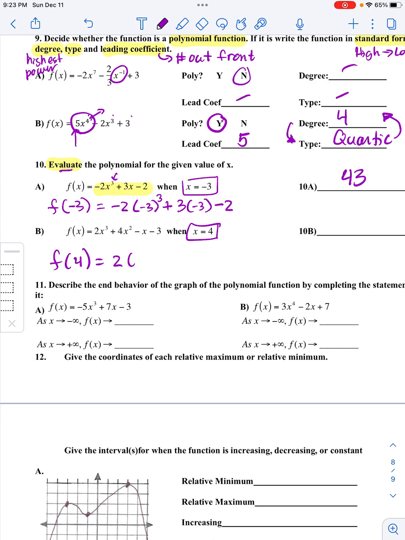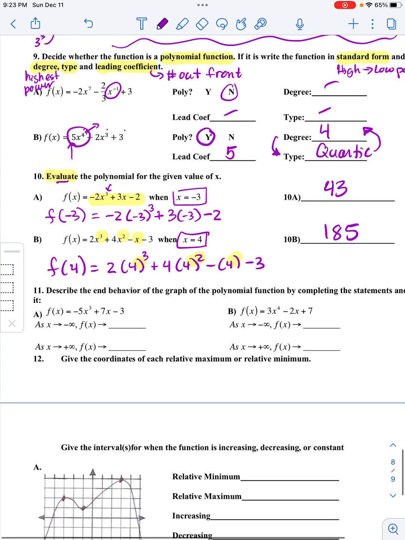So everywhere there is an x, you're going to put in a 4 and do to it what was getting done to the x at that part of the polynomial. So in the polynomial, it got cubed, squared, and then plain x. So it got cubed, squared, and then plain in here as well. I'm going to assume this one's right on the answer key and grab 185.